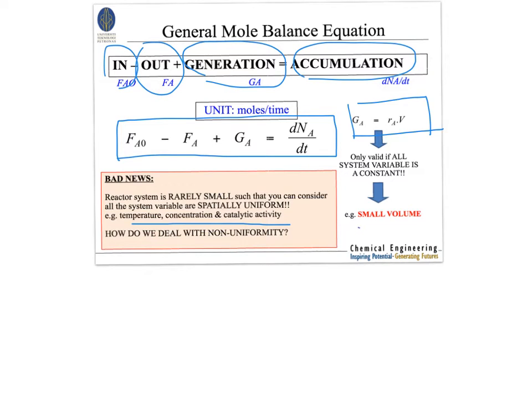It means that it is a small volume where everything has the same value. However, the bad news is reactor systems are rarely small, such that you can consider all the system variables to be uniform. So how do we deal with the non-uniformity?